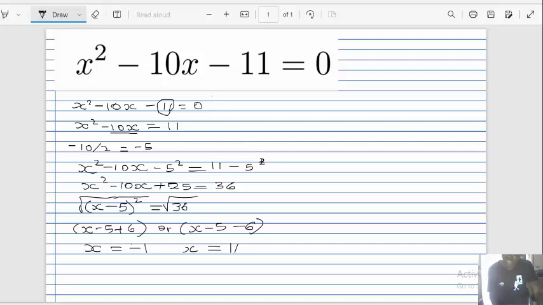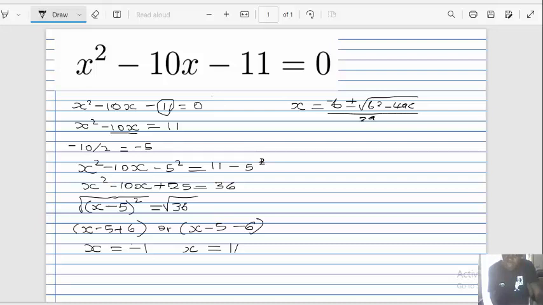Now let's prove this using the quadratic formula. x is equal to negative b, plus minus the square root of b squared minus 4ac, all over 2a.